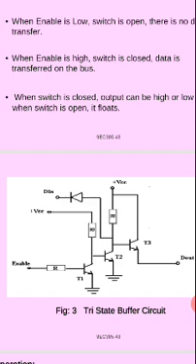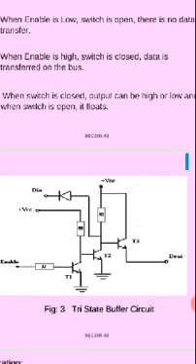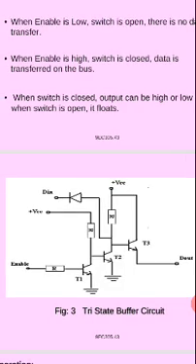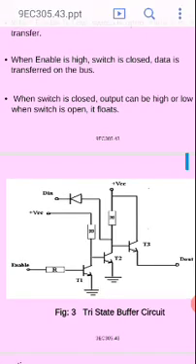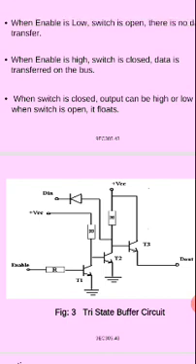The tri-state buffer circuit is shown here. In this tri-state buffer circuit, there are three transistors T1, T2, T3, and one diode.